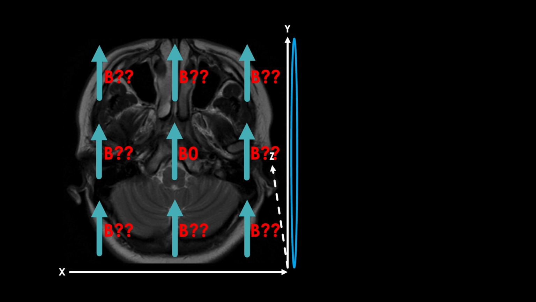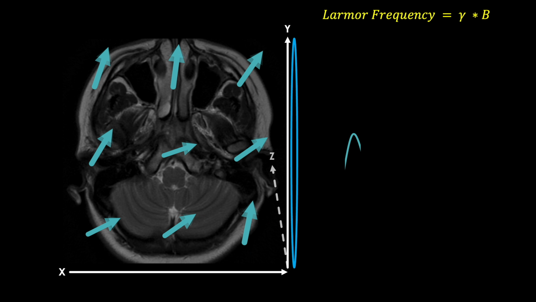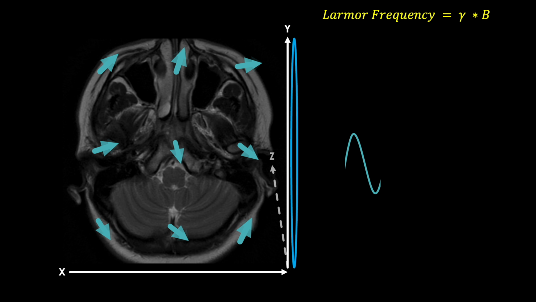Remember that what dictates the precession rate of the protons and net magnetization is the Larmor frequency, which solely depends on the magnetic field the protons are seeing. So right from the start, we're at a disadvantage. Our inability to create a perfectly uniform magnetic field creates differences in precession rates throughout our slice, and leads to increased dephasing and loss of signal.